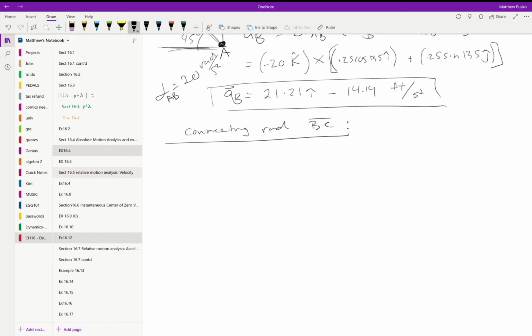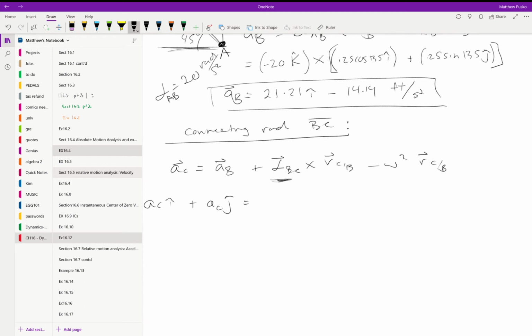Alright, the acceleration of C now is going to be whatever the acceleration of B is plus alpha BC. We do not know this. This will be something we find out in our system of equations. We would need alpha crossed into r of C with respect to B minus omega squared r of C with respect to B. Alright, just going to go ahead and give the acceleration at C components in the I and J direction.